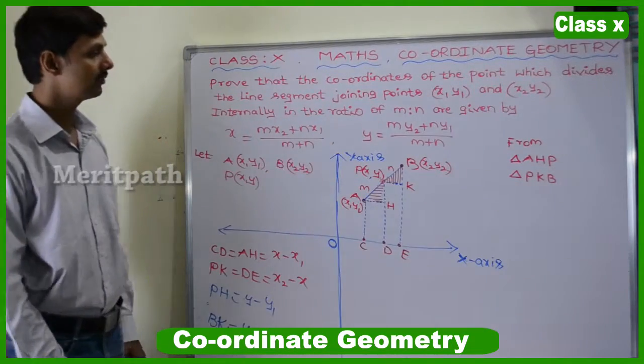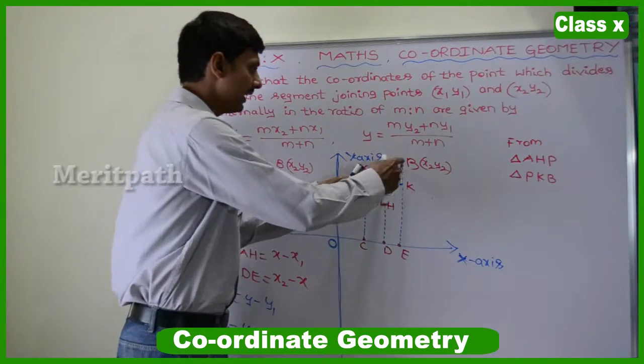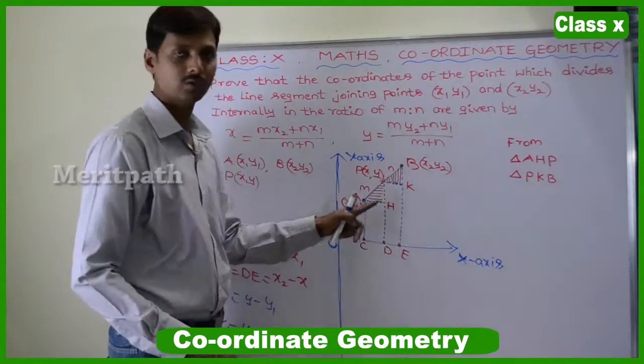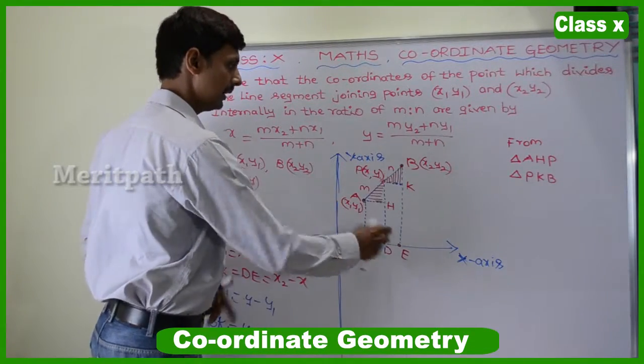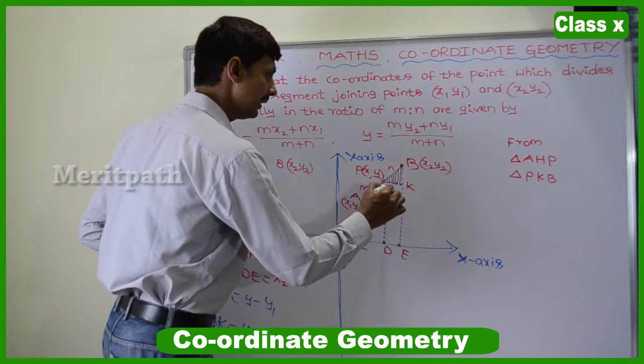From these 2 triangles we can observe that these two are having the same parallel lines. This is a parallel line and this is another parallel line, and since these two are parallel lines, corresponding angles will be equal.